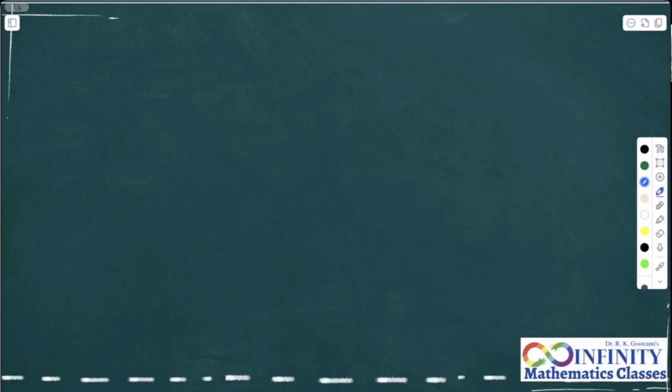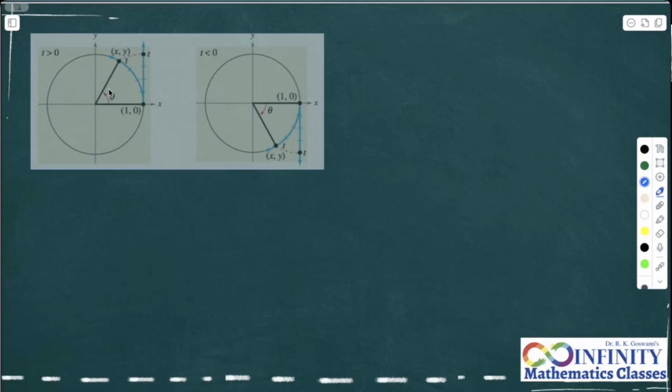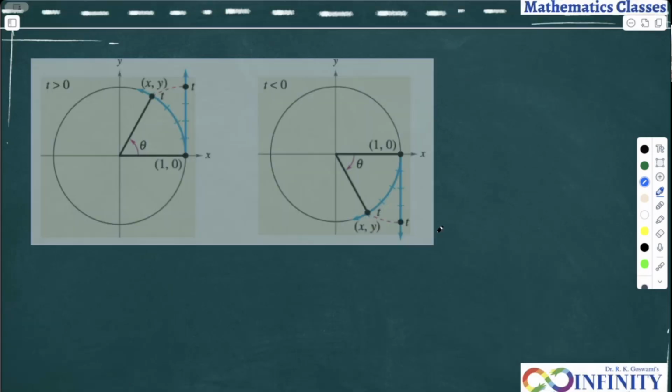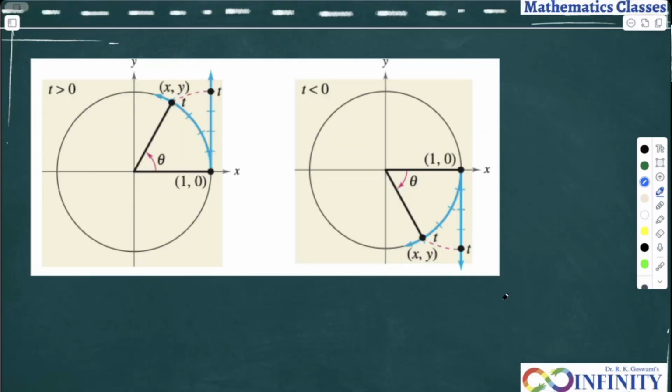Now try to consider that just suppose there is an angle given to you, but the angle is given in terms of radian basically. Just suppose the angle is given to you in positive direction.